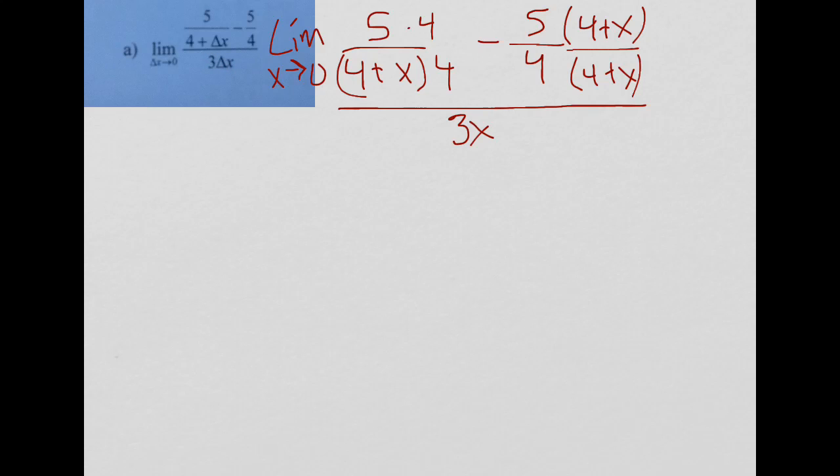Alright, so I'm going to do some work to kind of combine terms here. First off, I'm going to write my limit as x approaches 0. I've got to always include that piece. I've got 5 times 4. Then I've got 5 times 4 plus 5 times x.